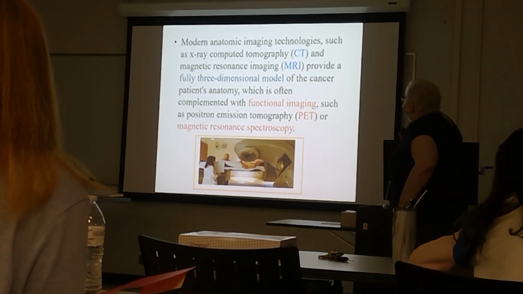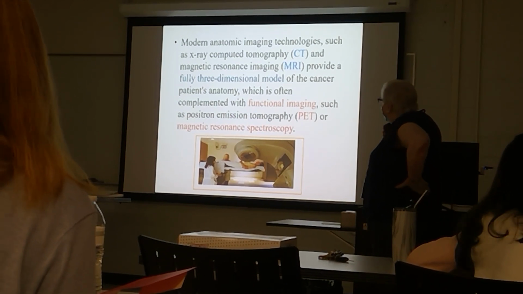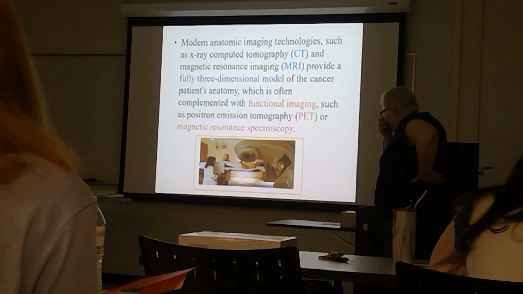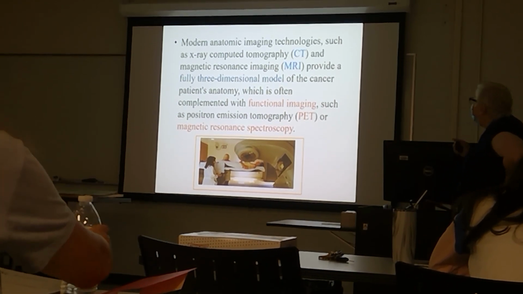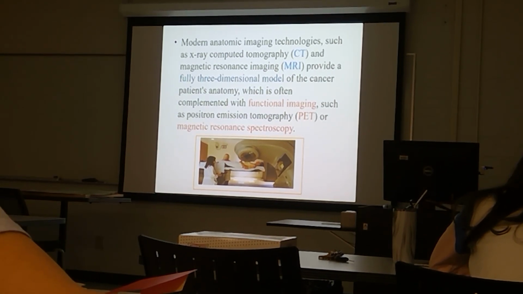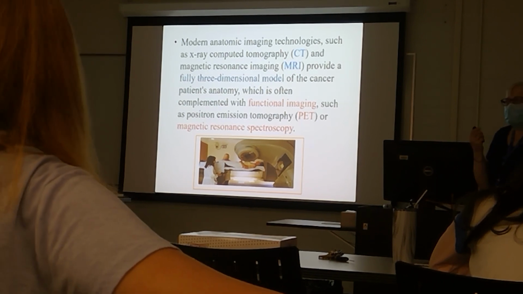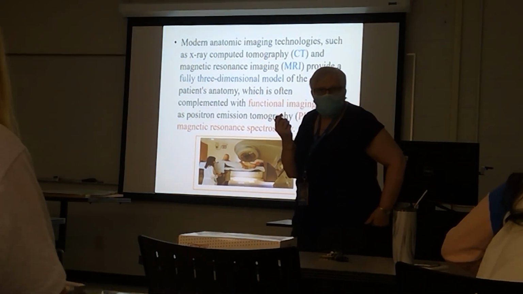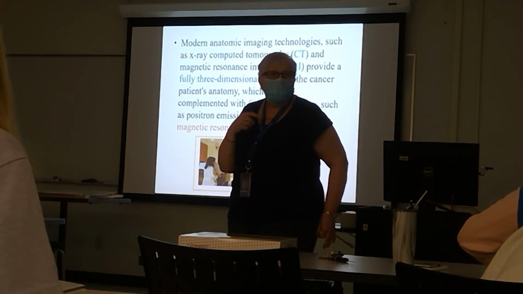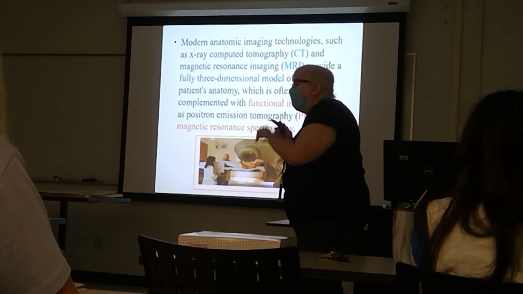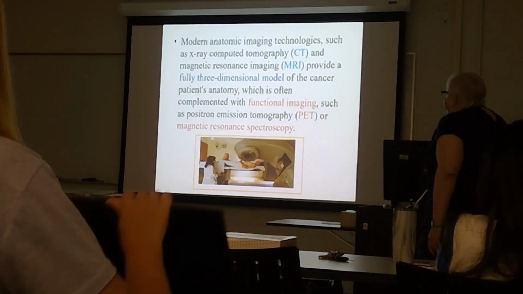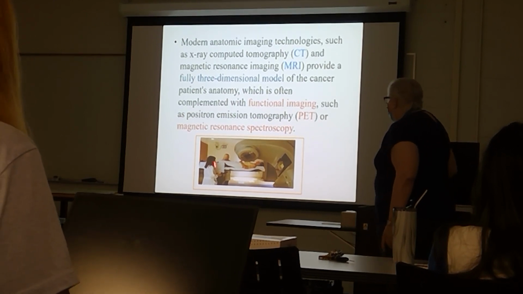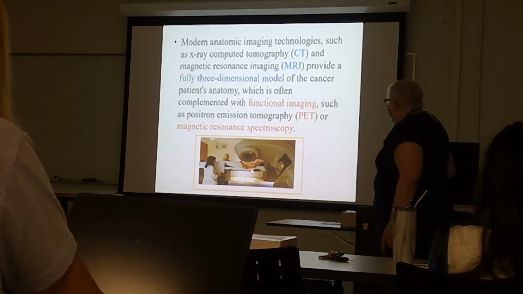They're talking about CT, MRI, and PET. So this basically gives you a 3D model. Everybody's seen a CT? Anybody seen an MRI or a PET? So this is an older version of a Varian machine.